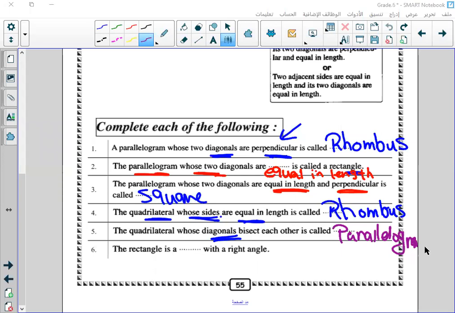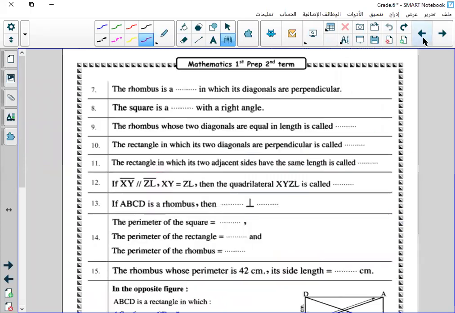Hamza Radwan. The rectangle is what with a right angle? Parallelogram. Thank you, Hamza. Okay, let's go to another slide.